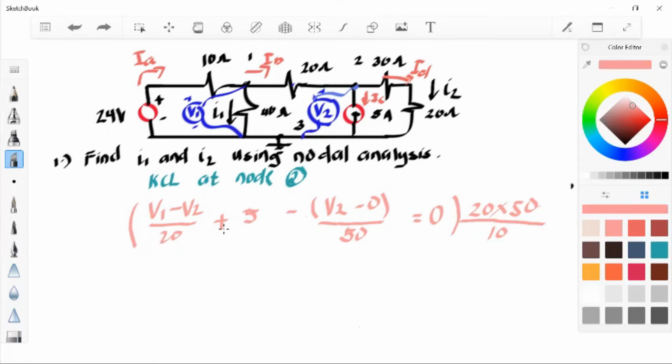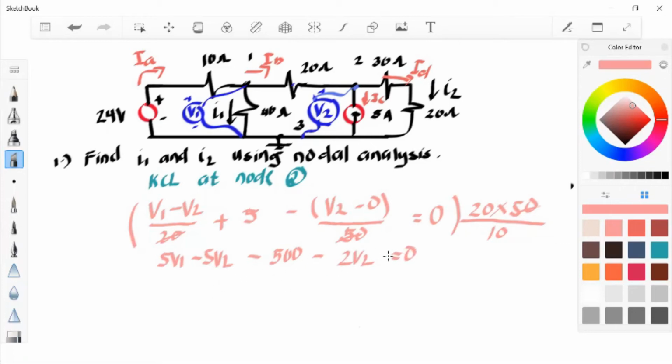We will be left with 5V1 minus 5V2 plus 5 times 5 times 2, that is 100 times 5, that will be 500. And again, at this point, this cancels out. That is nothing but 20 over 10, that is 2, 2V2, which is equal to 0.